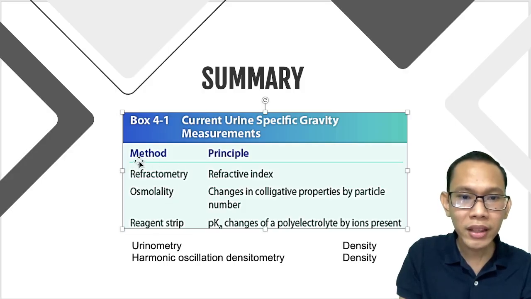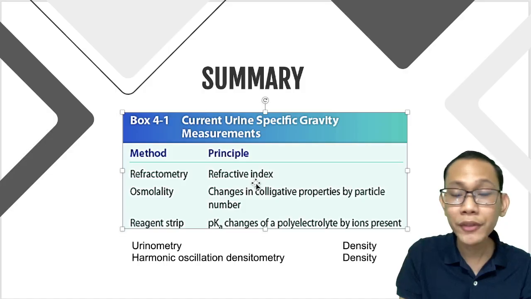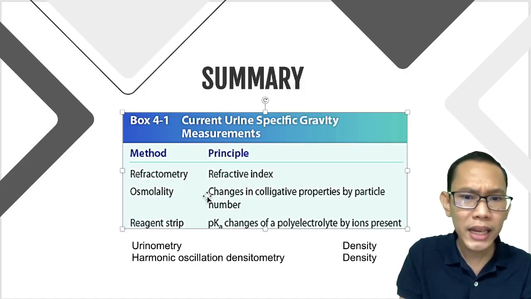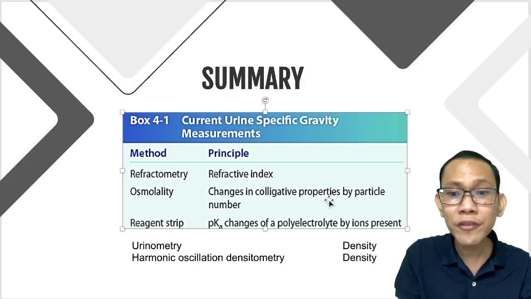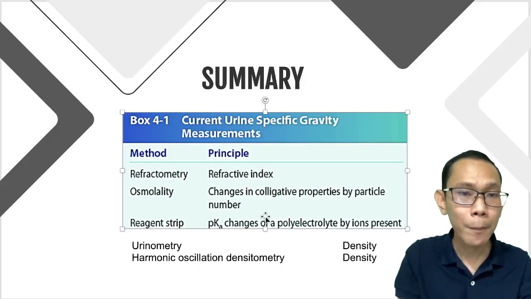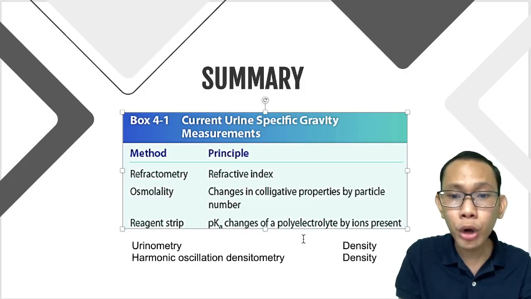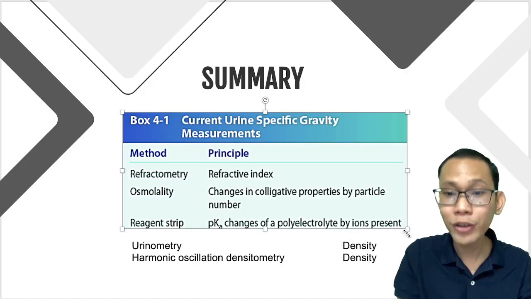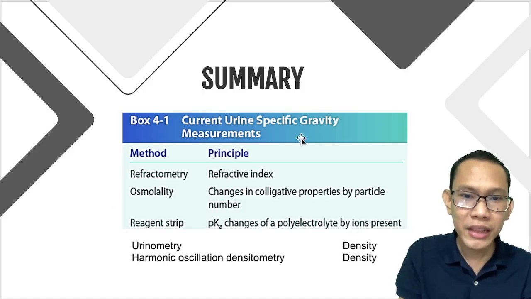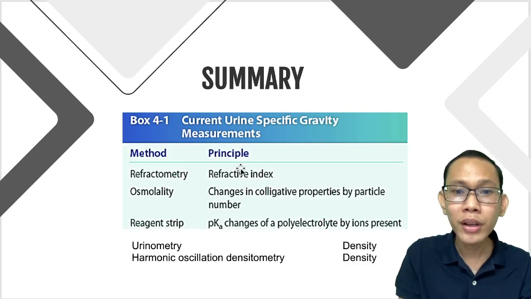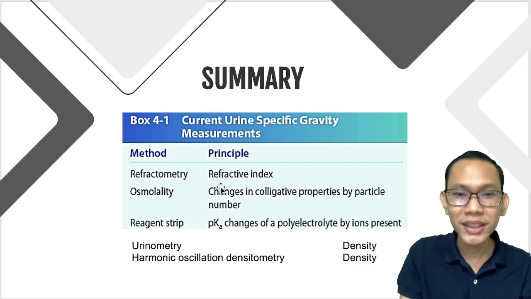Again, refractometry, based on the refractive index, osmolality, changes in the colligative properties by the particle number, and your reagent strip, pKa changes of your polyelectrolyte by ions present. So these are the basic principles or summary of the different methodology that we are going to discuss. Okay?